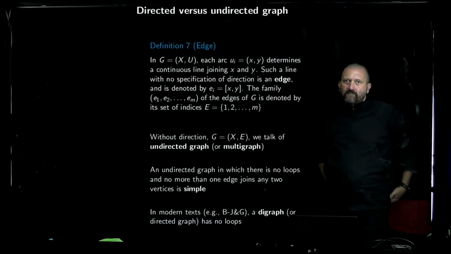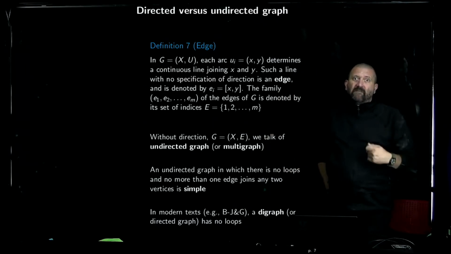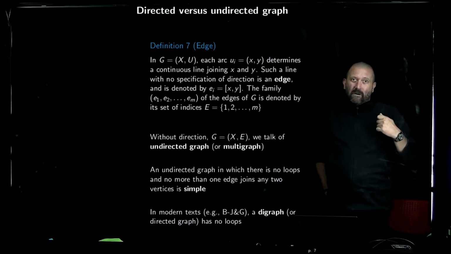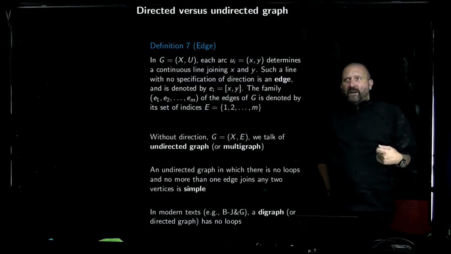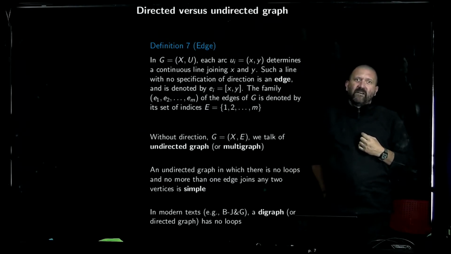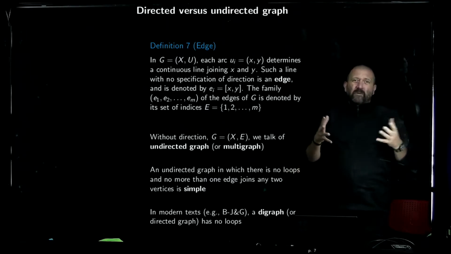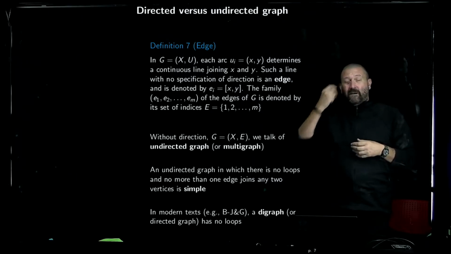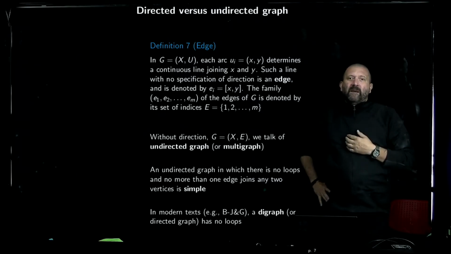Okay? When we have a graph where we're not caring about the direction, we call that an undirected graph. Another name that is not, I believe, used too much these days is multigraph. We tend to use multigraph in another context these days, but okay.